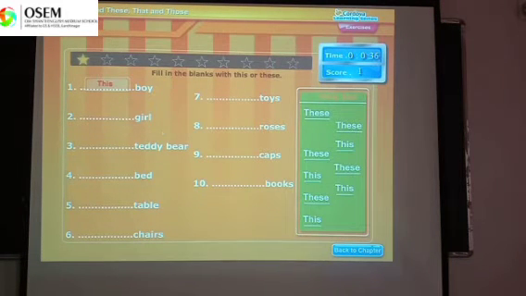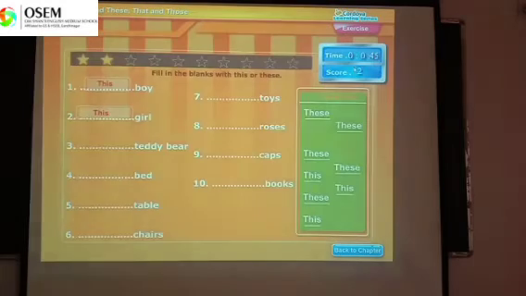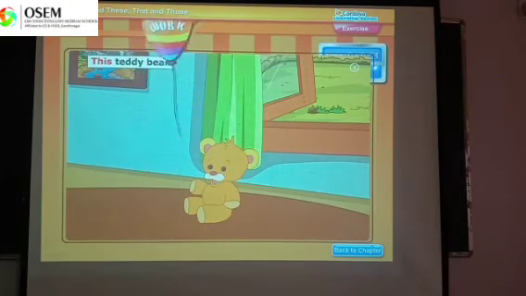Second, dash girl. So this girl. This is a girl. Third, dash teddy bear. So this teddy bear. This is a teddy bear.